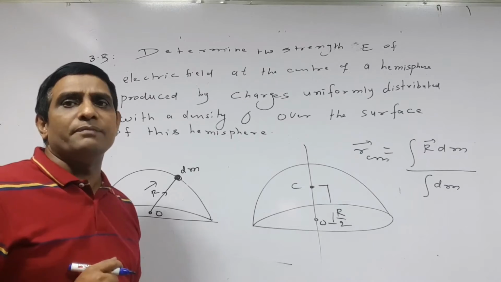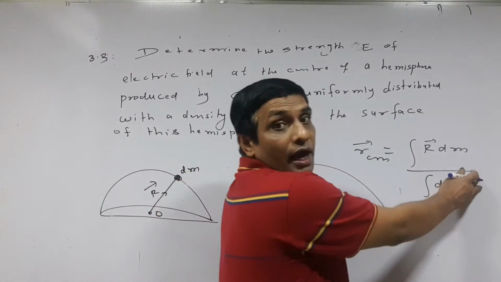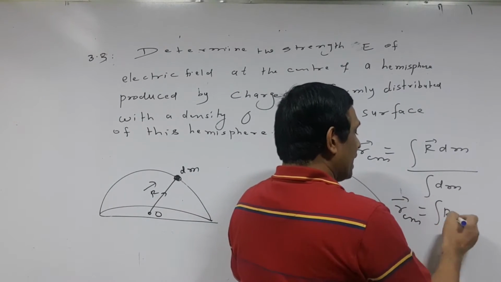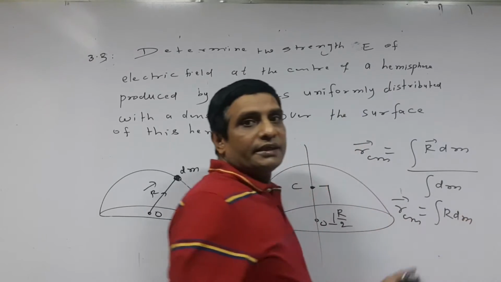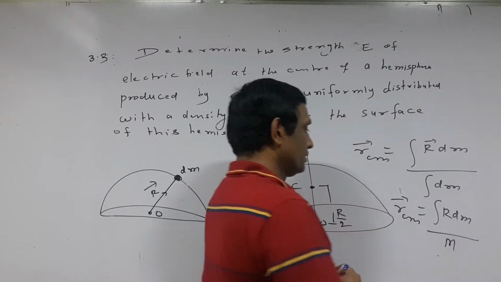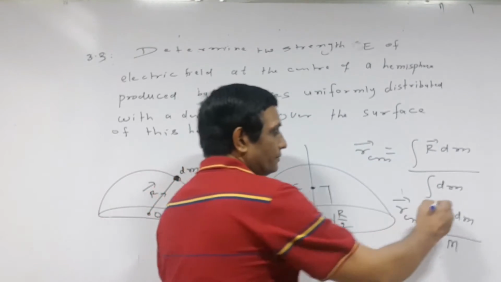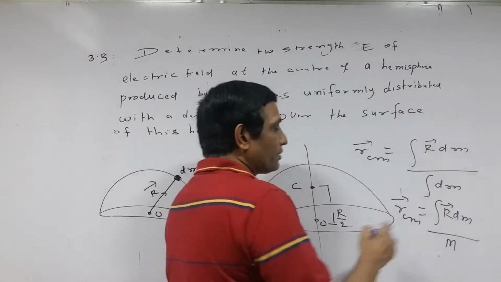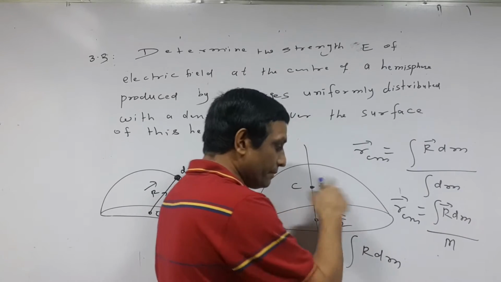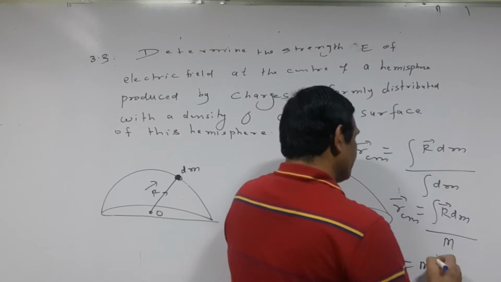Suppose that the mass of the hemisphere is capital M. So here R_CM will be integration r dm by the total mass of the hemisphere. From this, if you want to get the solution of integration r dm for this hemisphere, then that will easily be M R_CM.